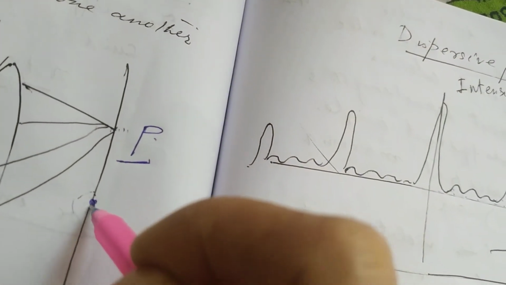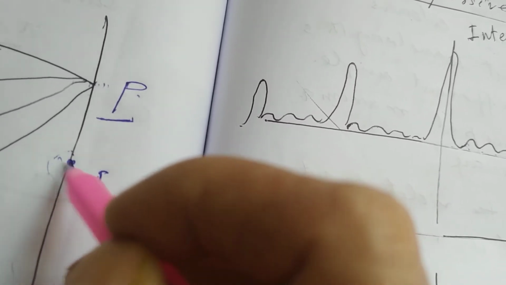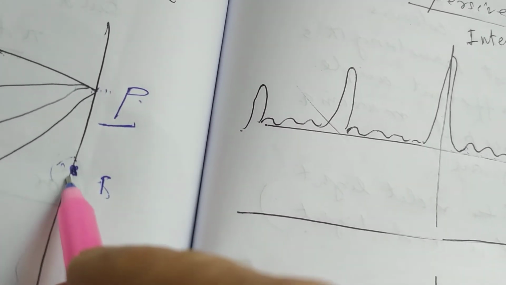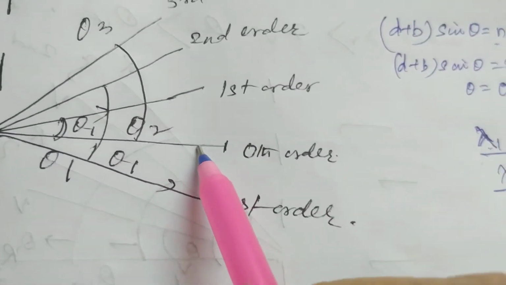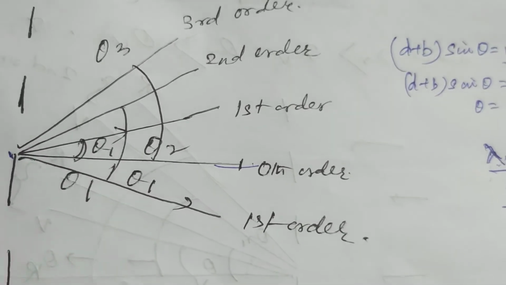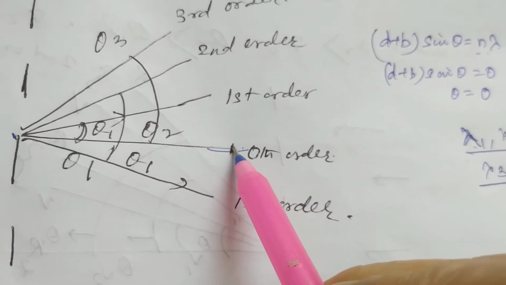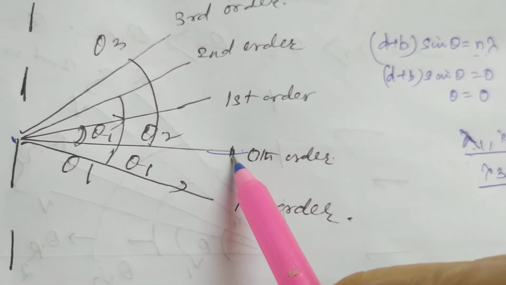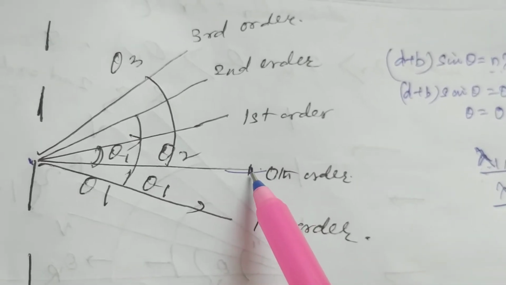Here I will get a white maxima. They are all 0th order maxima. All lambda 1, lambda 2 will have 0th order maxima here, so they will club together and give me a white patch.